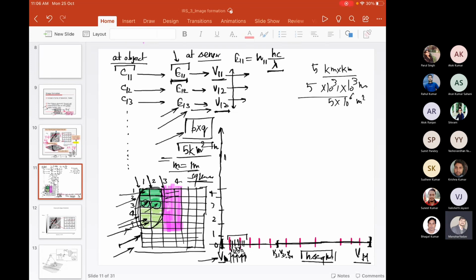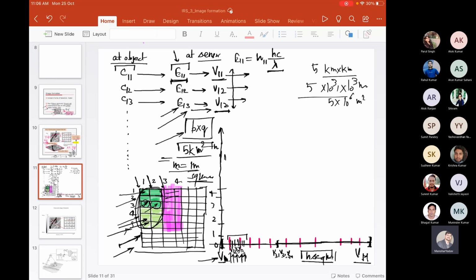When the energy radiated or transmitted from the source reaches the sensor, after sensing that energy, what are the further steps through which a DN number is generated corresponding to a particular ground resolution cell?